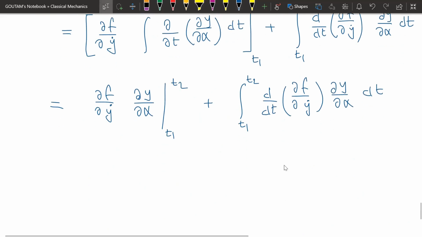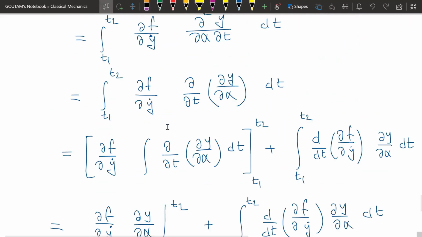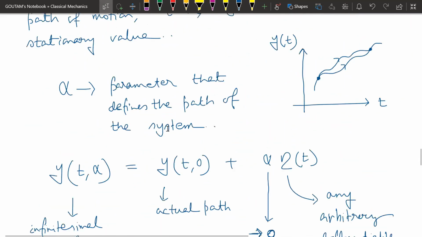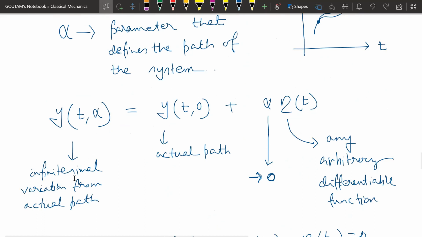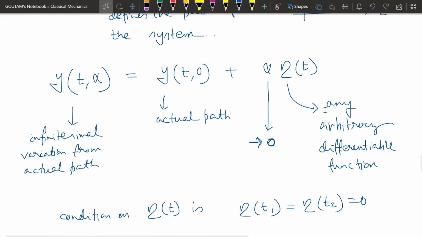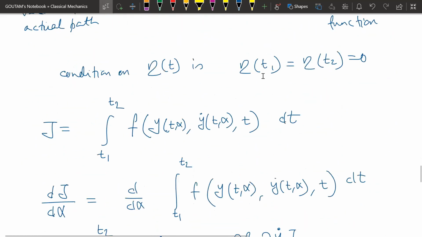What is this ∂y/∂α? Now look at this definition of y, how we define any path. If we do this ∂y/∂α, there is no alpha dependency here, so ∂y/∂α will be η(t). And what is the condition on eta? At T1, eta is 0. At T2, eta is 0.